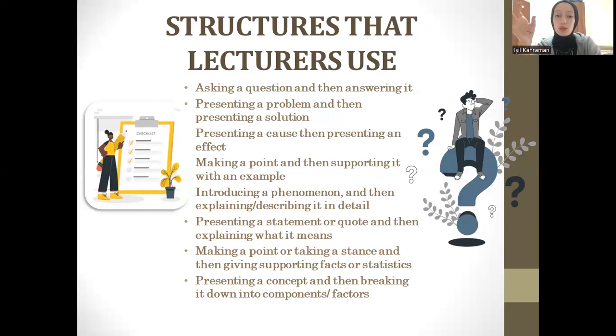And making a point or taking a stance, then giving supporting facts or statistics, maybe mathematical variables. Then presenting a concept and breaking it down into components or factors so that listeners can understand it properly.